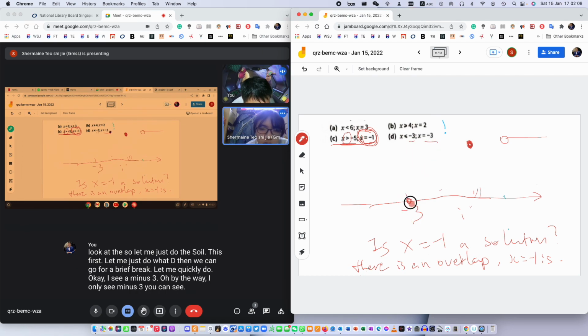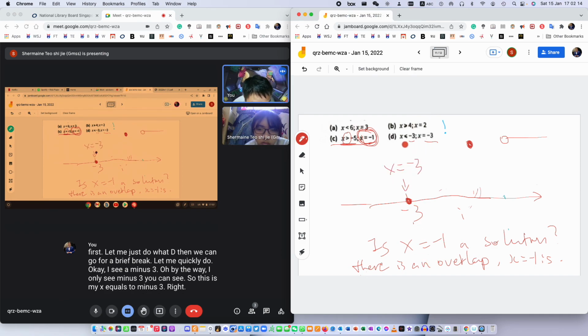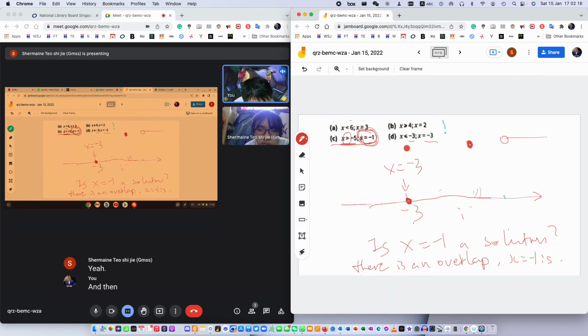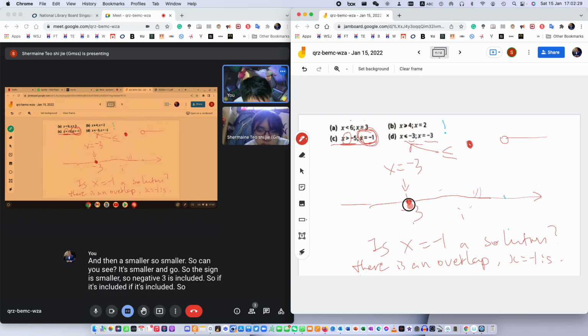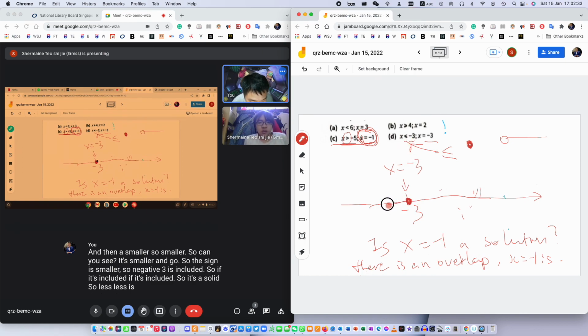So this is my x equals to negative 3, right? And then smaller. Can you see it is smaller and equal? So negative 3 is included. If it's included, it's a solid. So less is to the left.